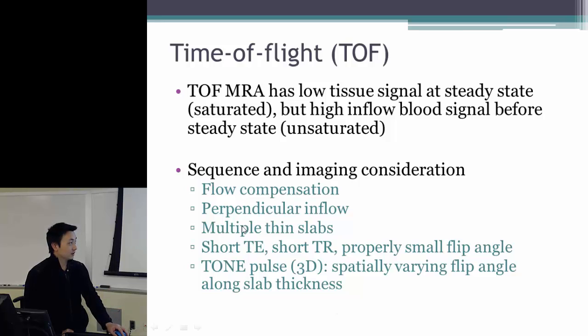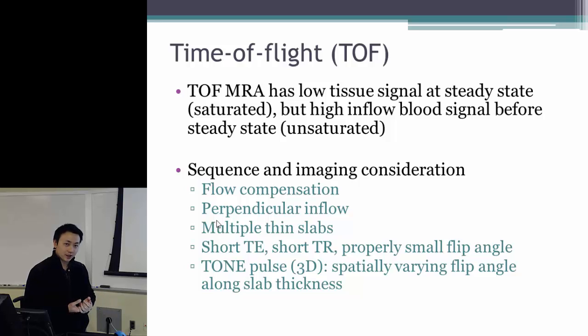And the best way is that we have the perpendicular inflow effect. So that means the slab we are selecting, the imaging slab or imaging slice, it would be best if we have the vessels inflow perpendicular to that imaging slab.